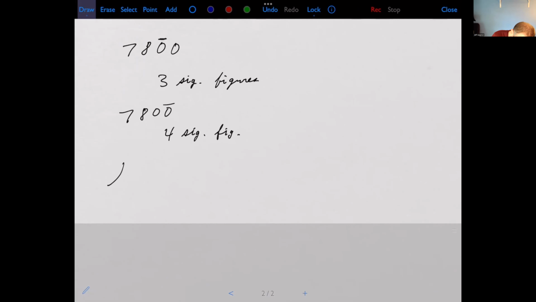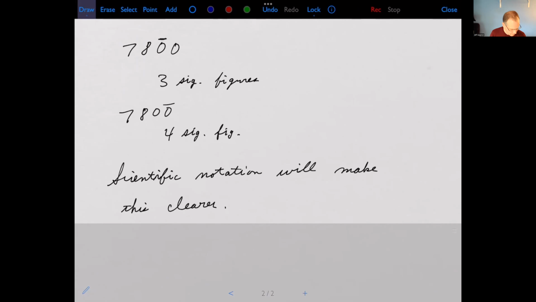Scientific notation will make this clear. Okay, let me go back to the handout and give you the remaining few rules here.